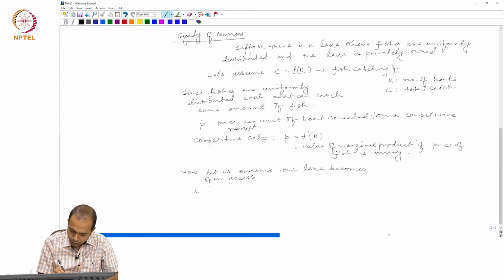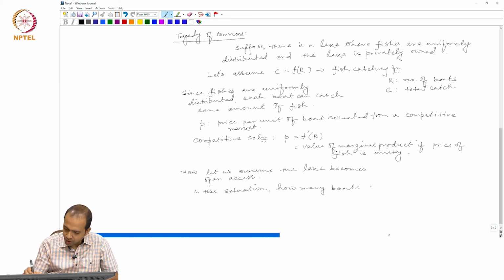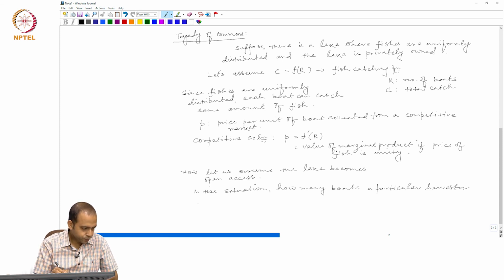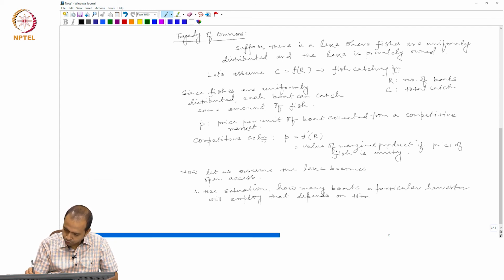In this situation, how many boats a particular individual harvester will employ depends on the total number of boats employed by others.